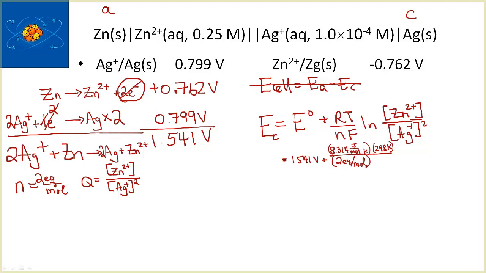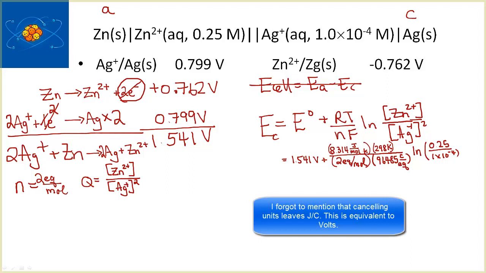That's per mole of reaction, and then it's Faraday's constant, which is 96,485 coulombs per equivalent, times the natural log of Q, which in this case, if we look at our concentrations, the concentration of zinc is 0.25 molar, divided by the concentration of silver, 1 times 10 to the minus 4, squared.